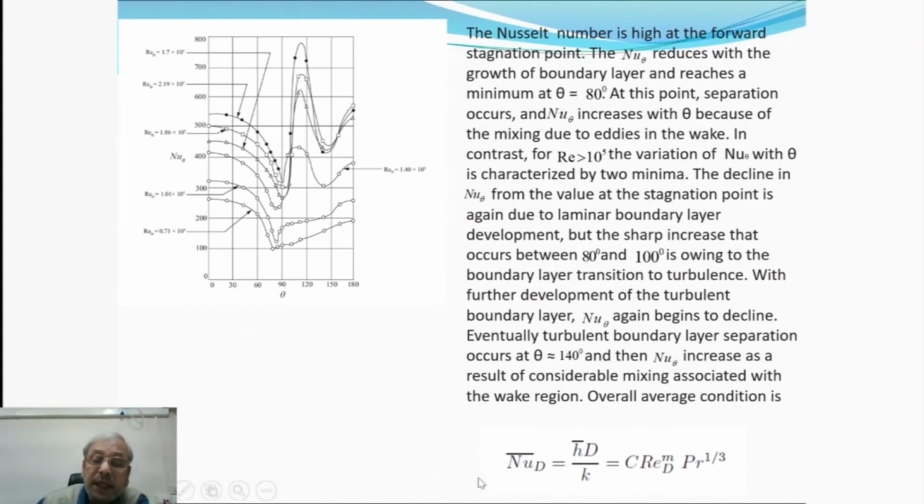We can say the average Nusselt number Nu D bar is h bar, the average heat transfer coefficient, times D by k, and this is given by C times Reynolds number based on diameter to the power m, Prandtl number to the power 1/3.